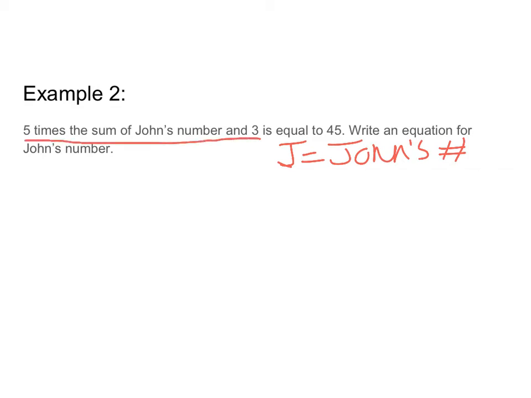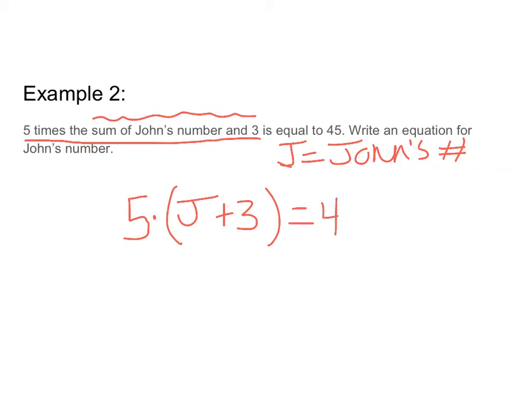So the first thing that's happening is the sum of John's number and 3. So sum meaning addition, J plus 3. Then we want 5 times that sum. So 5 times the sum of John's number and 3 equals 45. So that should be your equation.